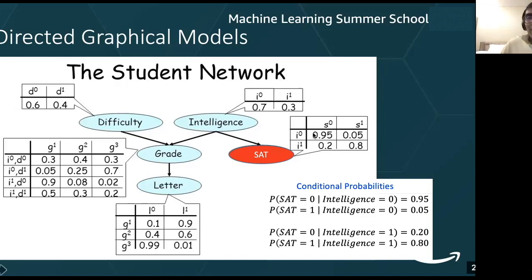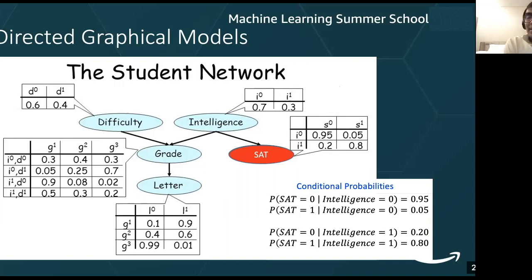That is what is shown in this table, where you have the probability distribution conditioned over two different values of intelligence, with I0 being low intelligence and I1 being high intelligence. In the case of low intelligence, you can see that at the intersection of I0 and S0, the probability value is 0.95. What this signifies is that if the student is not very intelligent, the probability that his SAT score would be low is 0.95.